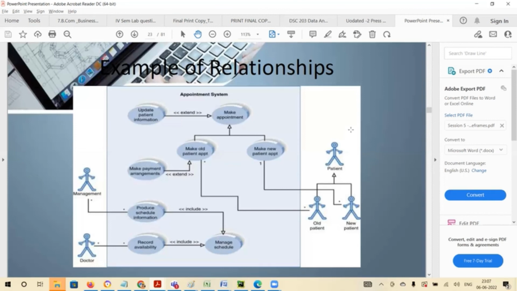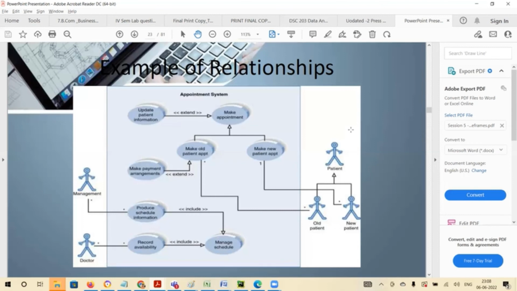So these are two different ways of doing appointment. That's why you have two different use cases. Both of them point to make appointment.